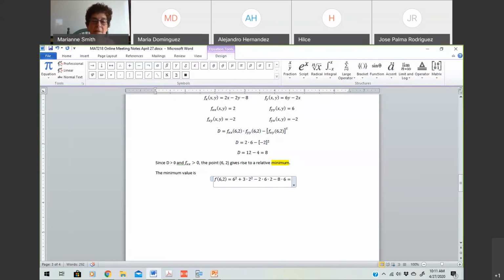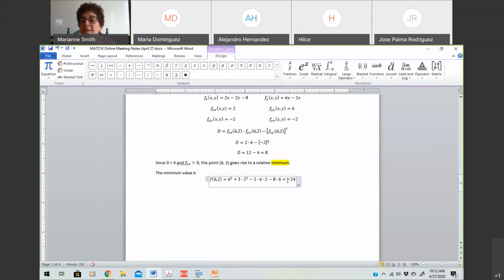So that's 6 squared. Two times 6 times 2. I got negative 24.